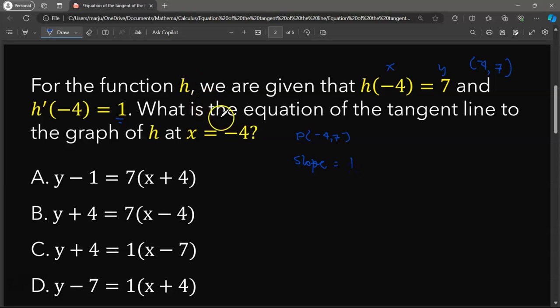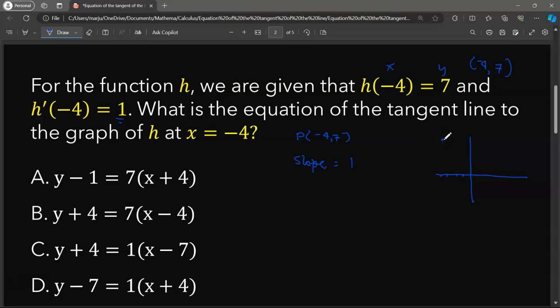The question is, what is the equation of the tangent line to the graph of h at x equals negative 4? So if we have a Cartesian plane here, where's negative 4? 1, 2, 3, 4. So negative 4, 7 will be our point.